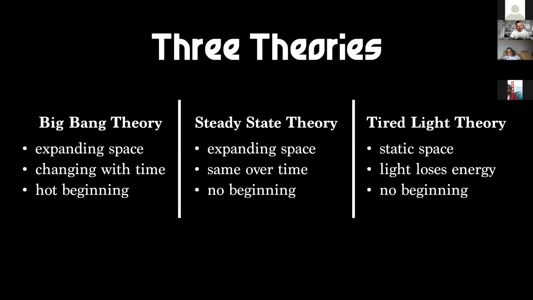And in his picture, he wanted to retain expanding space because it naturally explained how things are moving apart. But he didn't want a beginning to the universe. He wanted the universe to appear to be the same over all times. And to do that, if you have your theory with expanding space, and you want the universe to look the same over all time, then as the universe expands, matter spreads out.